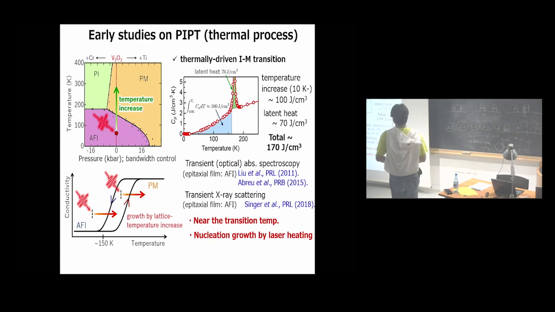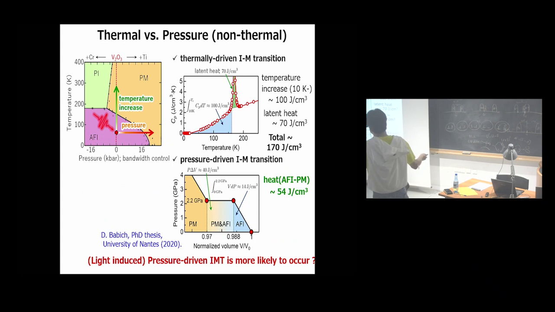But according to a very simple heat evaluation, the heat required for realizing the thermally induced insulator-metal transition is meaningfully larger than the work required for the pressure-induced insulator-metal transition.